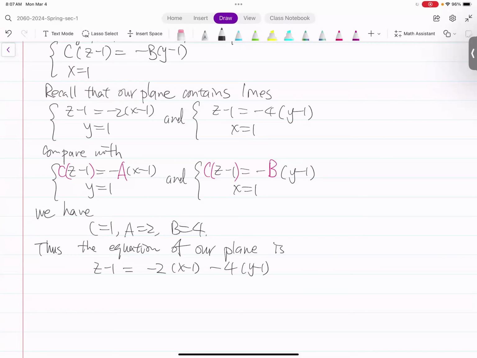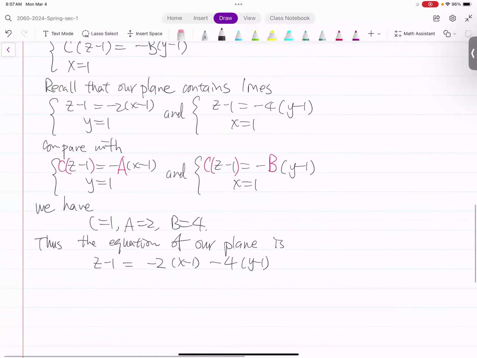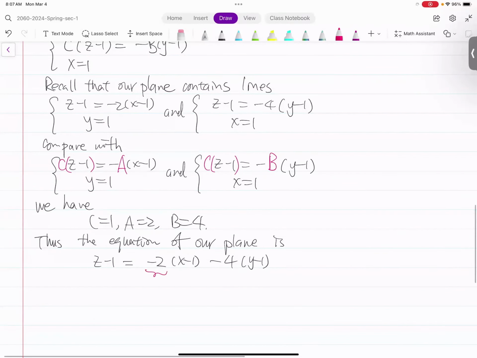Okay, so this is just the plane that we want by putting the values c, a, b into the equation. But we also need to realize, this is z minus 1 on the left hand side, where you put these two expressions on the right hand side, right? You just put them together in your equation, and then that gives you the plane.